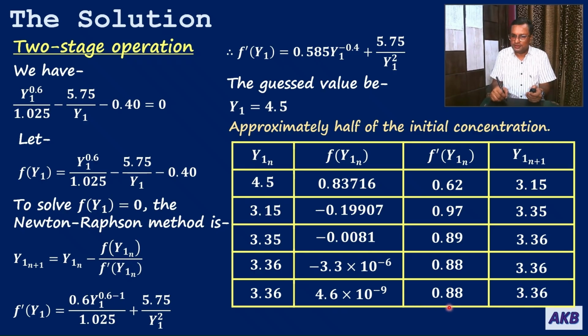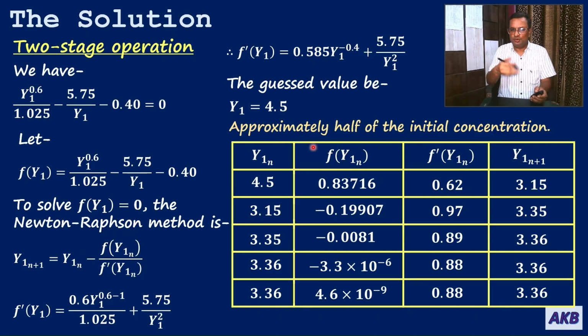There is no change in the derivative of the function, and no change in the value of y1. So that means I have arrived at the solution. I have got the value of y1 that will satisfy this equation. And what is that value? 3.36. So in this way, you can get the value of y1, the important task.